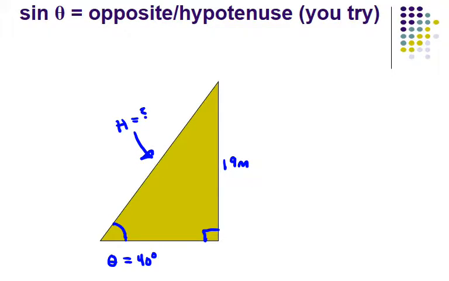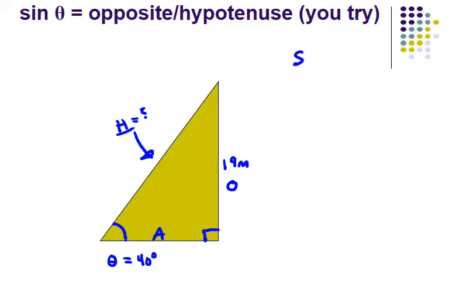So the best thing to do is to label your sides. This is the adjacent side, this is the opposite side, this is the hypotenuse. Doing that will allow you to set up everything and get that set. So why don't you go ahead and pause the video here and see if you can work that out, and then when you're ready to check, just hit play.